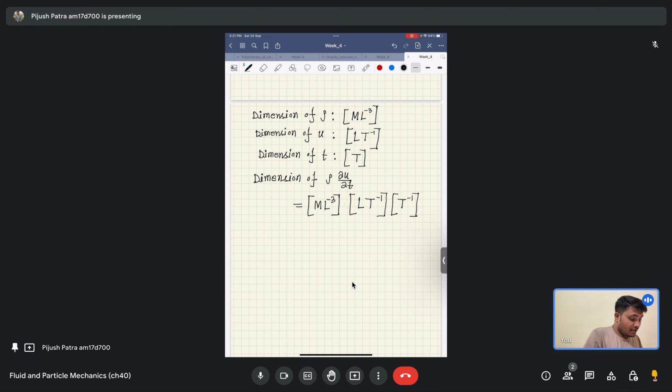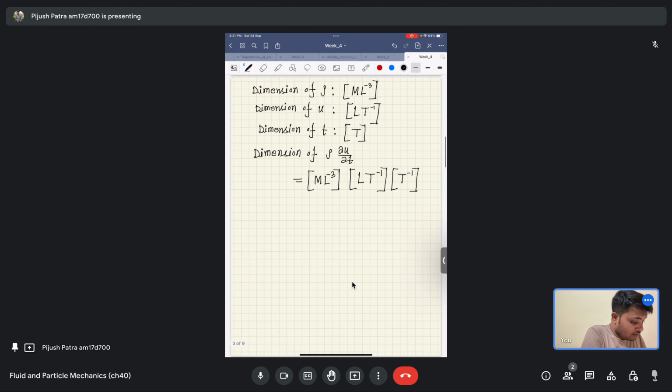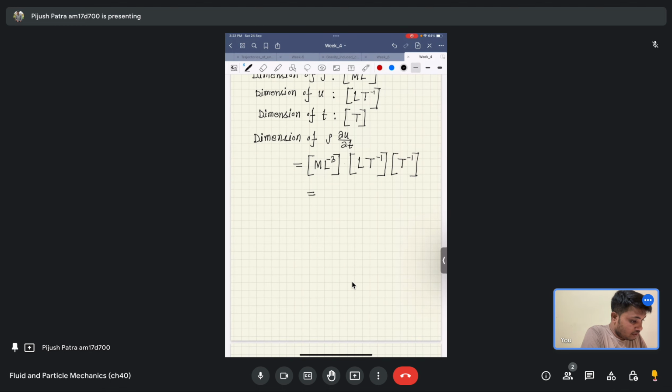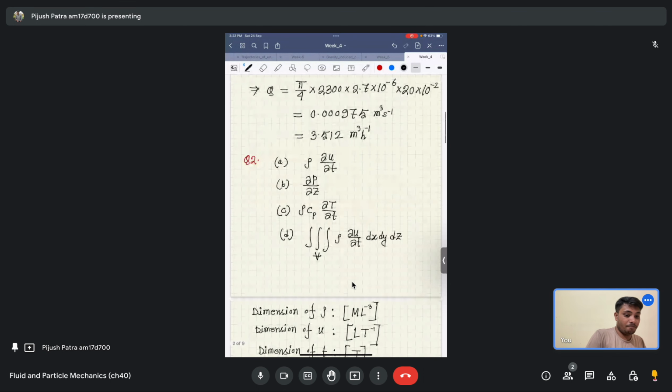So what is it coming to ultimately? It is M L to the power minus 2, t to the power minus 2. Fine. M L to the power minus 2, t to the power minus 2 is the dimension of the first quantity.